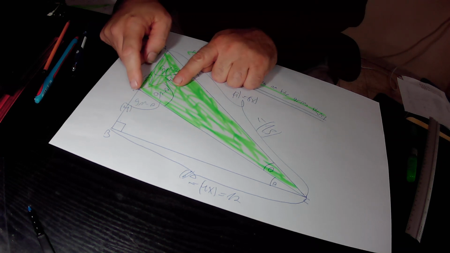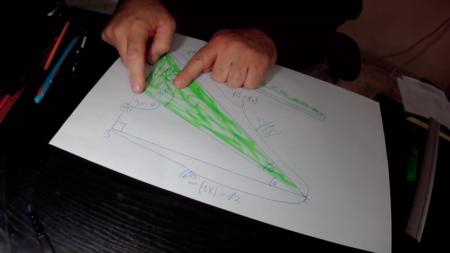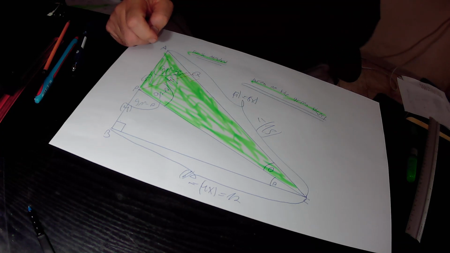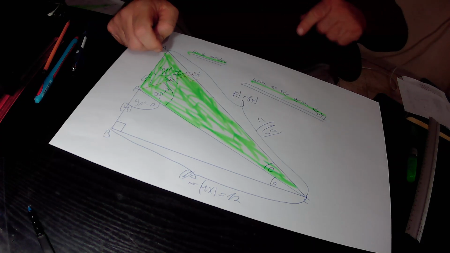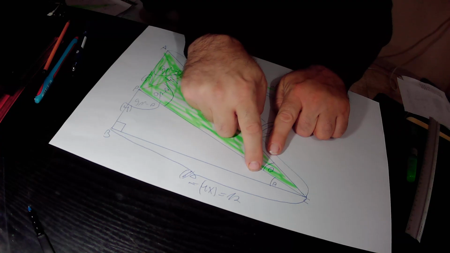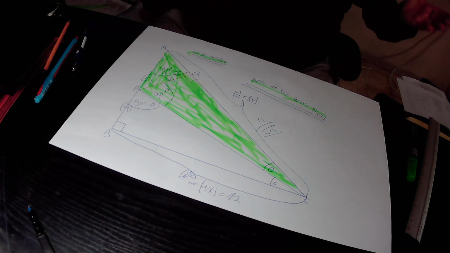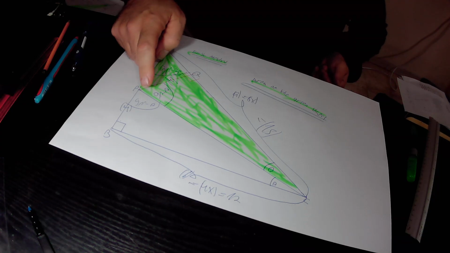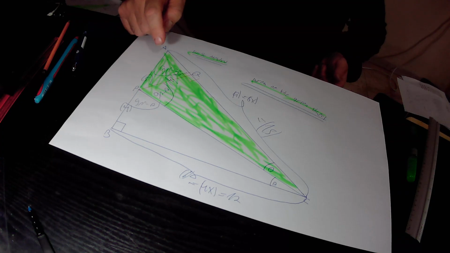First of all, those two angles are both equal to 90 degrees minus theta, therefore they are equal to each other. In addition, PC is a common side that belongs to both triangles, so we can write down that PC equals itself. And finally, those two angles are both equal to theta, therefore they are equal to each other. So in total, we found out that the green triangle PQC is congruent to the white triangle PBC according to the angle side angle rule.